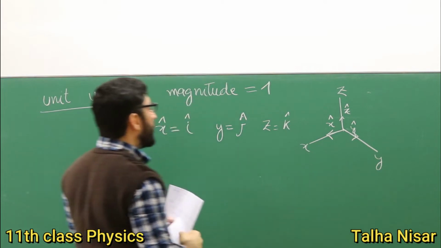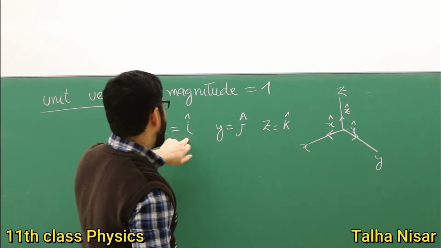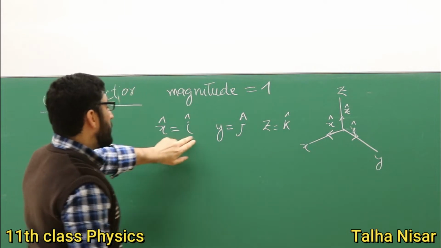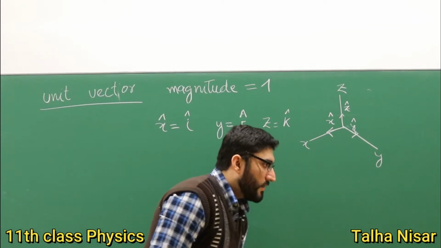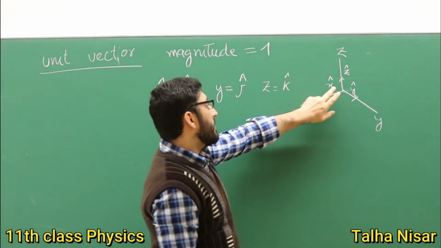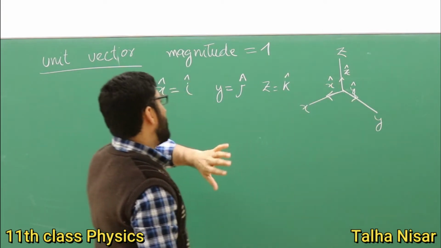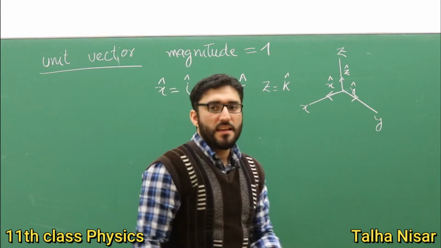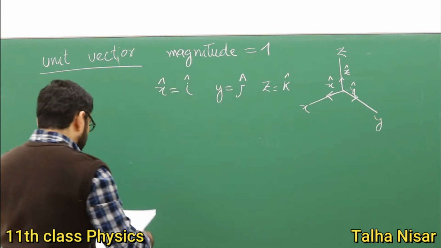So I will stick to the books since the books use i, j, and k. It should not confuse you, because I will use i, j, and k in this lecture.